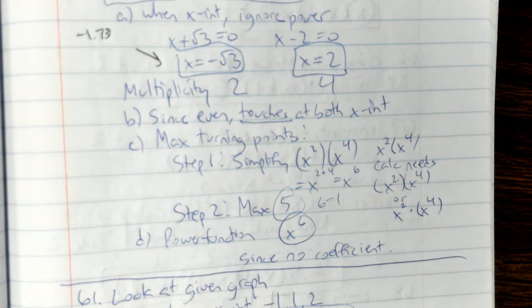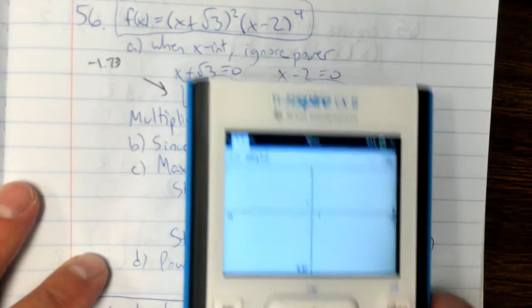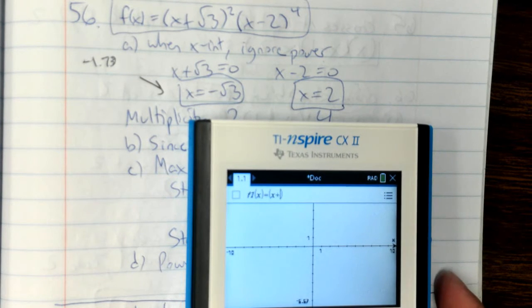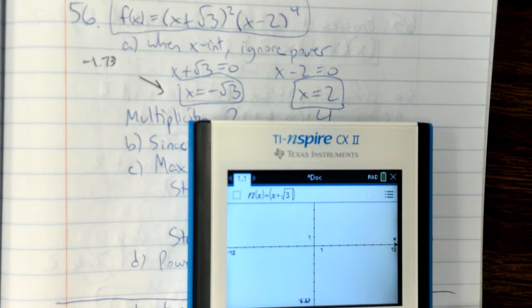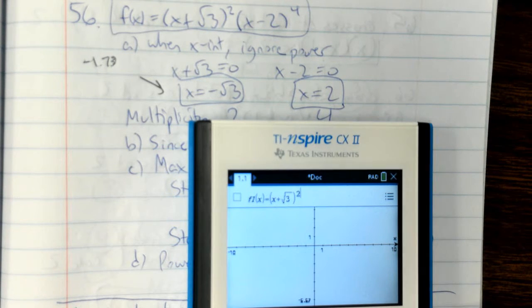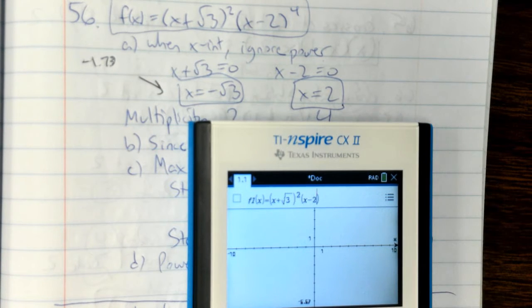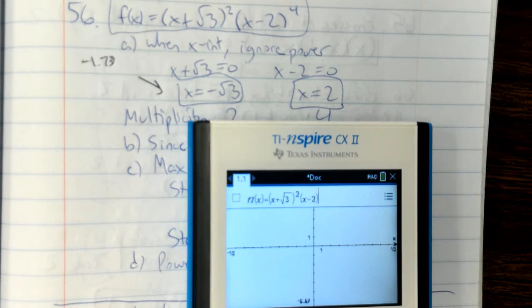Let's graph that and see what it looks like. Okay, so we have x plus square root of 3 raised to the second power, and then x minus 2 raised to the 4th.